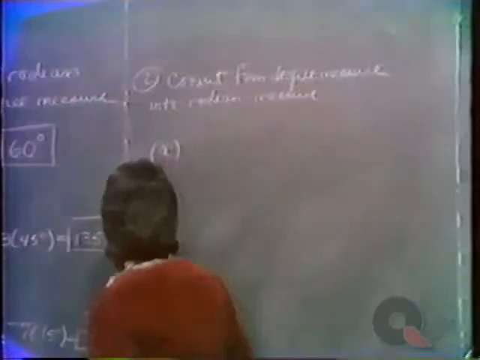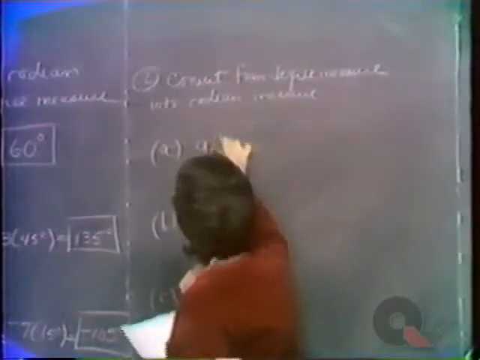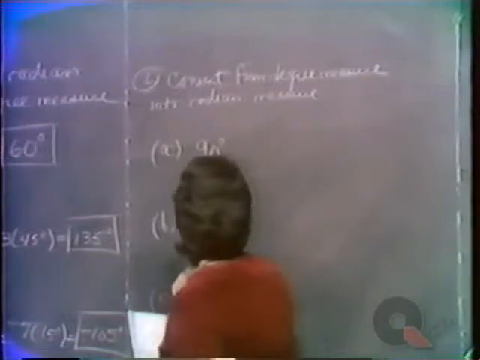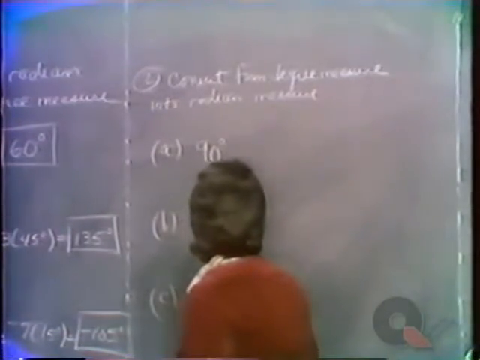A, B, and C. A, we have 90 degrees, B, 210 degrees, and C, minus 45 degrees.